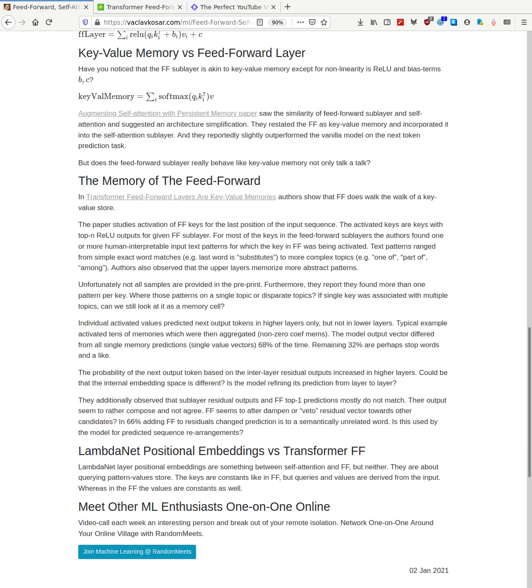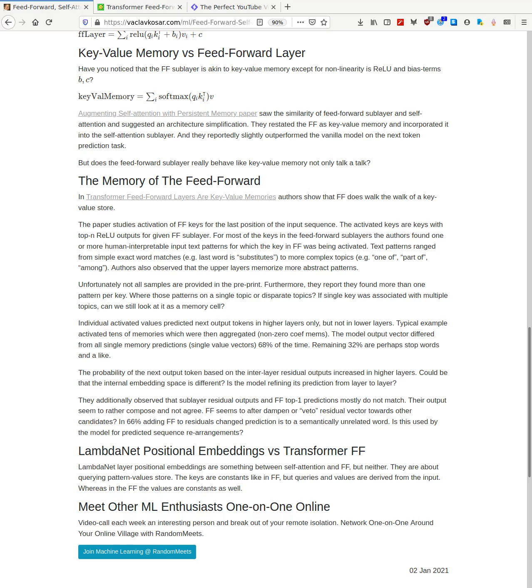What is the difference between key-value memory and the feed-forward layer? Have you noticed that the feed-forward sublayer is akin to key-value memory except for the non-linearity in the ReLU and the bias term? Well, it is very similar.